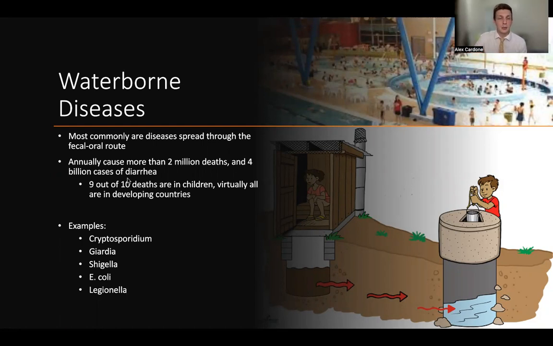So just a quick fact with that, annually, waterborne diseases cause nearly 2 million deaths. And same thing, about 4 billion cases of diarrhea are caused just by waterborne diseases. 9 out of 10 deaths are within children.